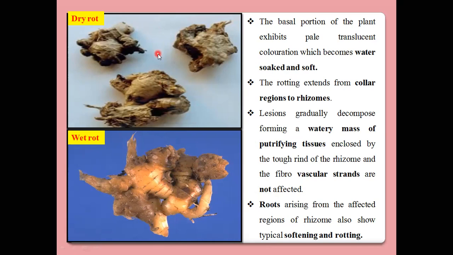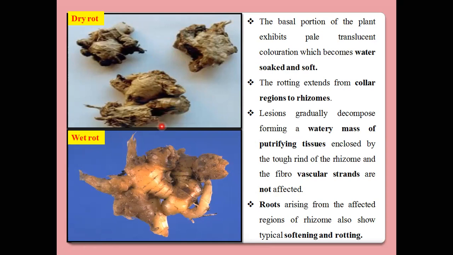Only one point needs to be considered, that is smell. Suppose an odor is emitted from the infected rhizomes, then the infection is produced by bacteria. But in fungal infection, no smell is emitted from the infected rhizomes. In this way, the whole plant is rotted.